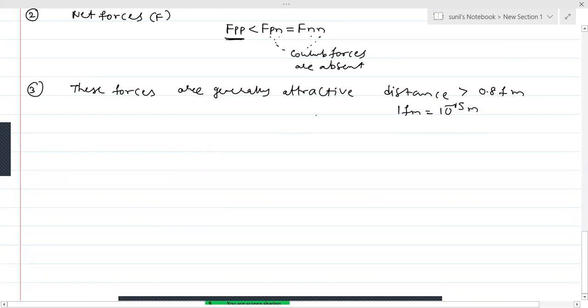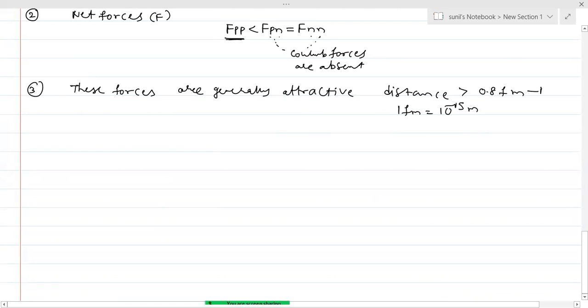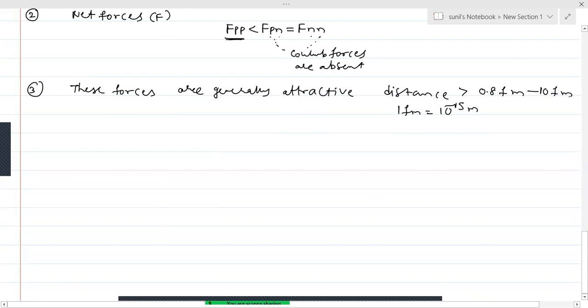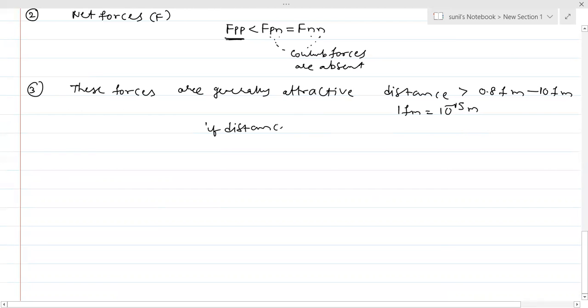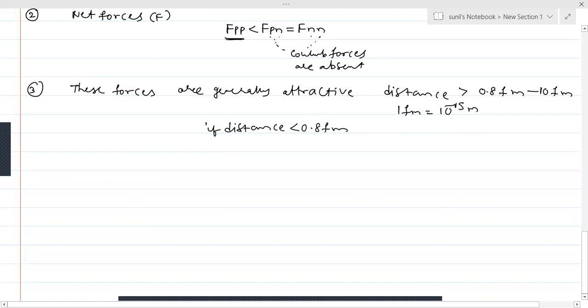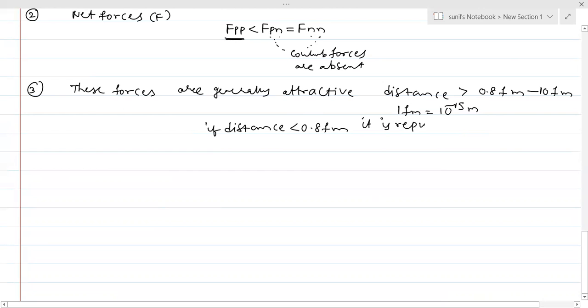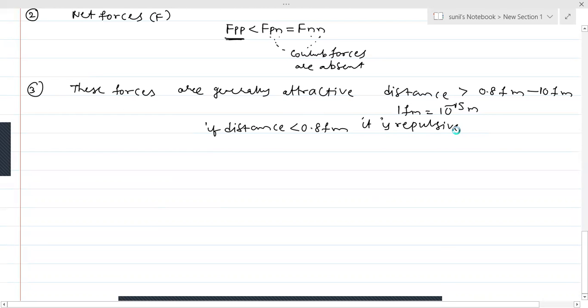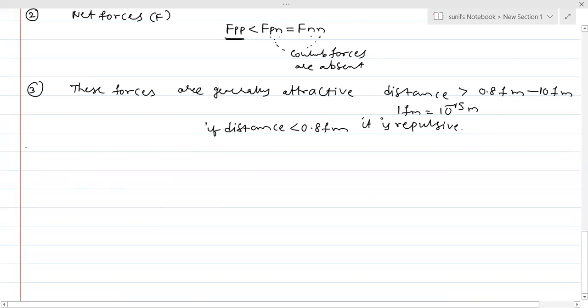These are attractive whenever the distance is greater than 0.8 Fermi, up to a range of about 10 Fermi. Suppose the distance is less than 0.8 Fermi, these numerics are important, then it is repulsive.